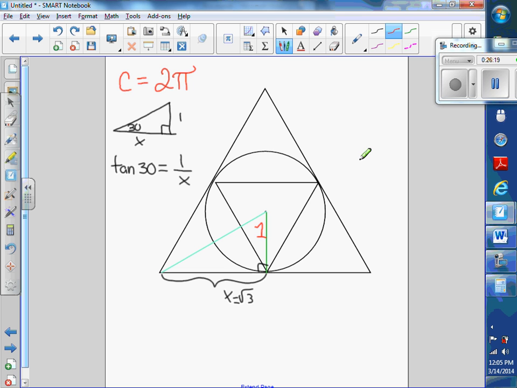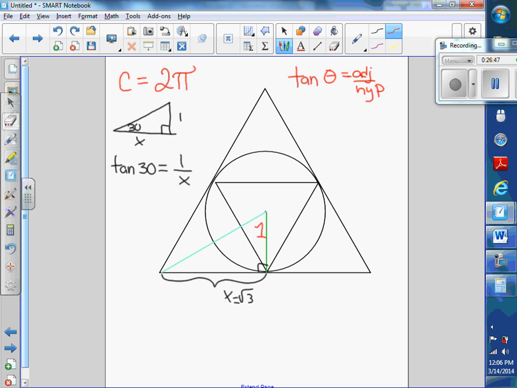Because the opposite of 30 is 1. This time I don't use the hypotenuse. It's opposite and adjacent, I mean. The tangent of any angle is opposite over adjacent.